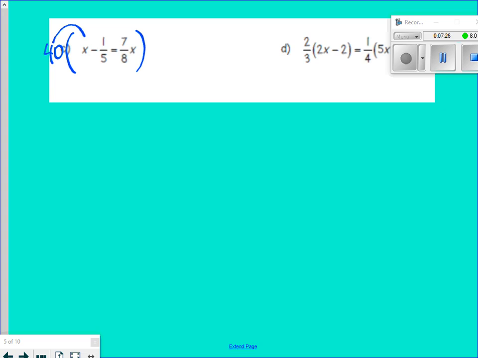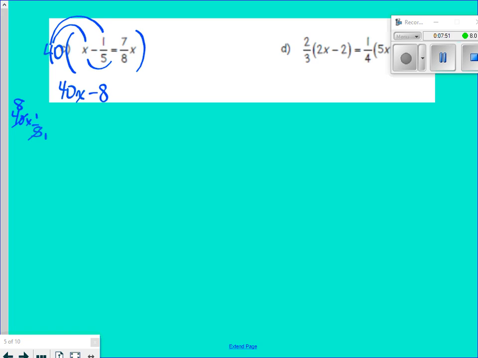So we're going to do 40 times x, which is 40x. 40 times a negative 1/5, okay, 5 can go into both of them, right? So that simplifies out. So that is negative 8.